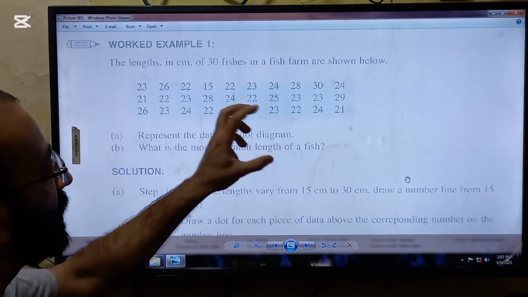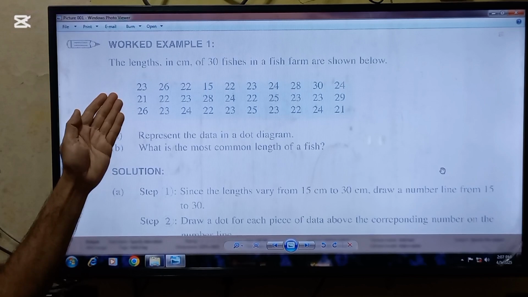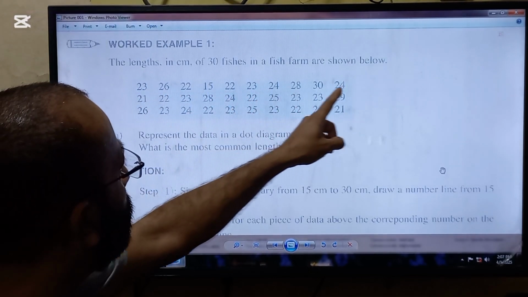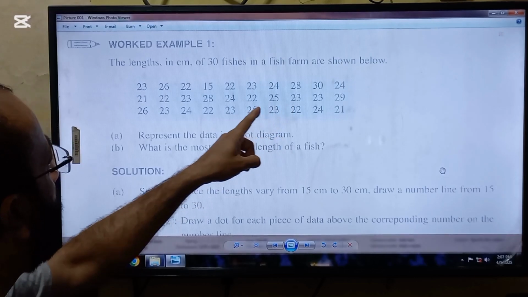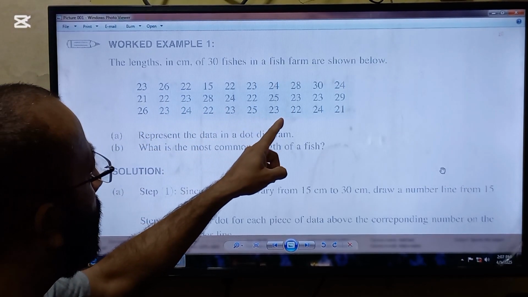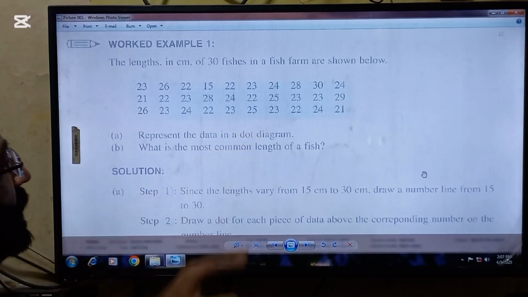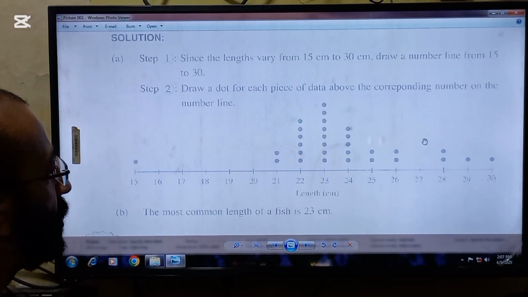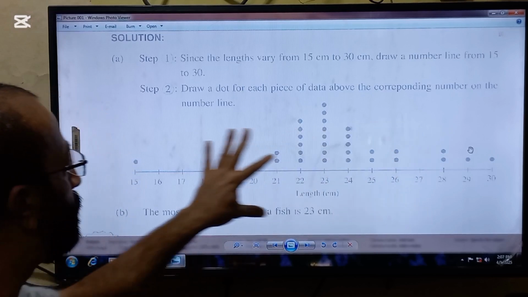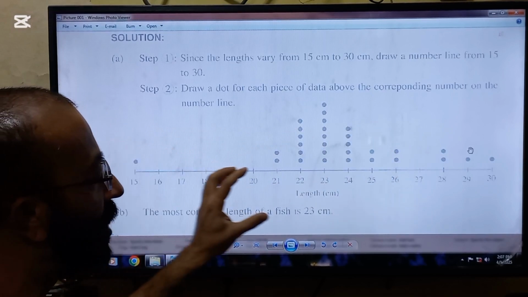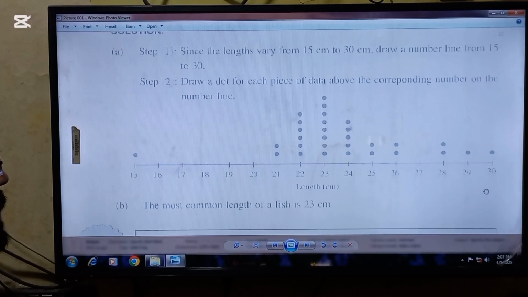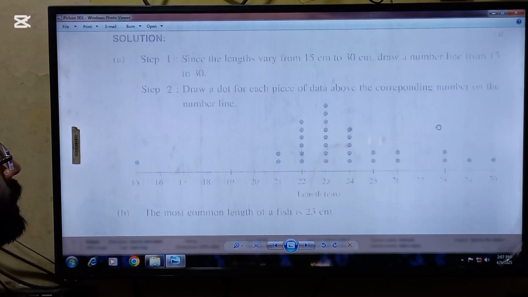For example, 23 is coming 1, 2, 3, 4, 5, 6, 7, 8 times. 23 is coming 8 times. So we will draw 8 dots on 23, and the respective dots will be drawn on the corresponding numbers. So this will be the number line.